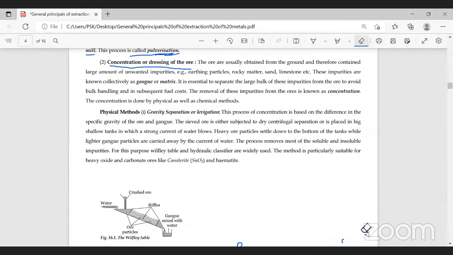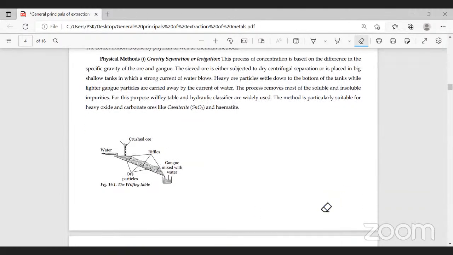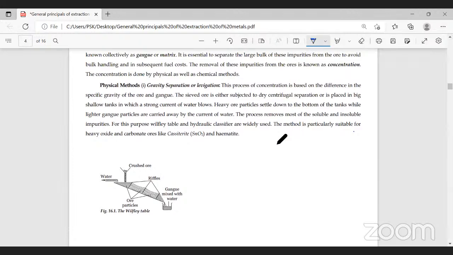Increasing the percentage of the metal can be done in different ways. You should remember that for oxide ores, it is physical methods.